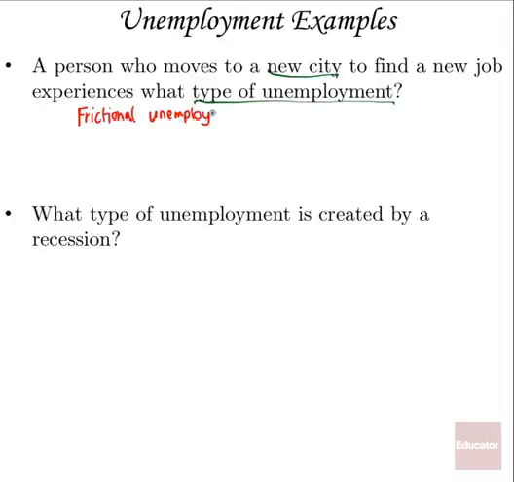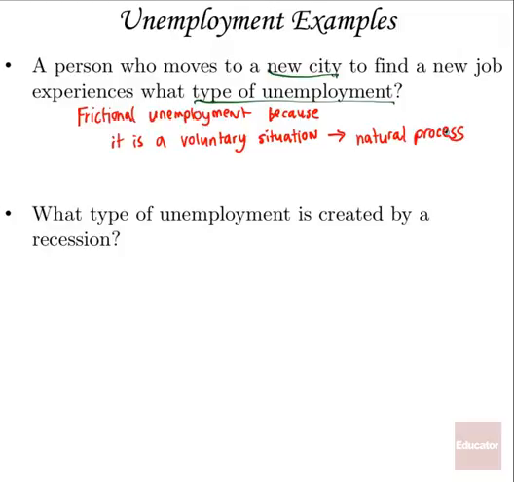And why is it frictional unemployment? Because it is a voluntary situation, and it's a natural process. Again, it sucks not having a job, but it's considered to be normal.